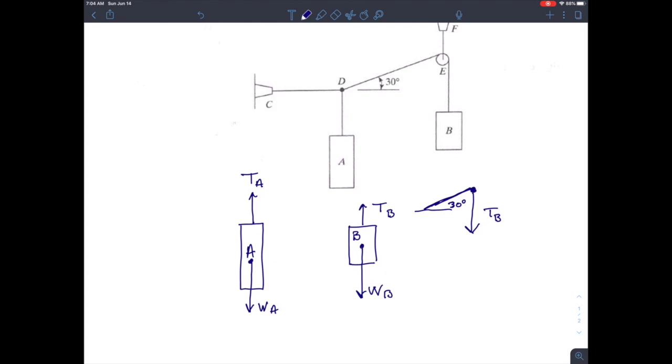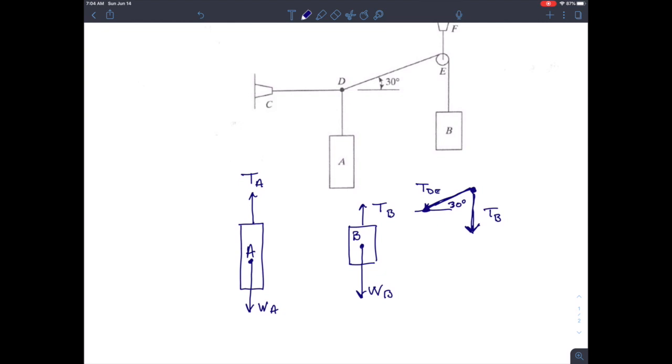We could call that tension DE, and later on use our theory that this is a pulley and that tension DE has to be the same as tension B. So we draw that direction here. This would be the force of the cable in tension. Remember, cables can only be in tension.